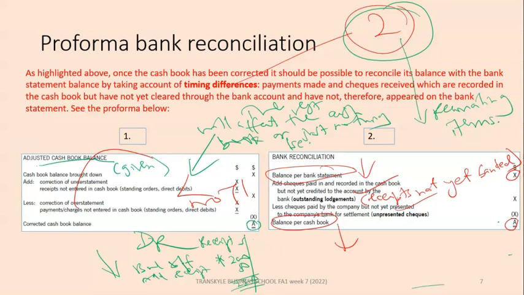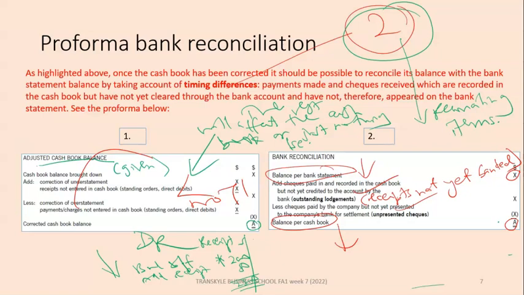Outstanding lodgements are also checks which we have received and recorded, but the bank has not yet credited. It has not yet cleared those checks, even when we took them to the bank, maybe because of system challenges, or because they do check clearance on a Monday.